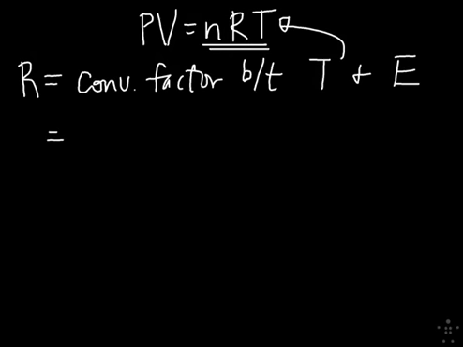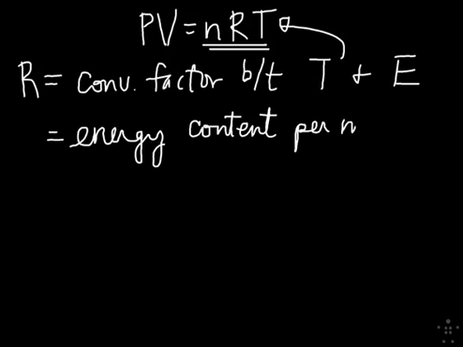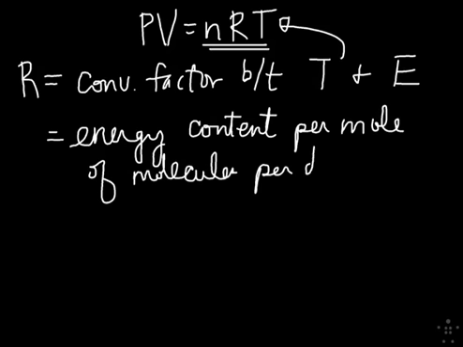What R is really telling us is the energy content per mole of molecules per degree temperature that they contain, or per degree temperature that we are measuring. So it can have units of joules per mole per Kelvin or liter atmospheres per mole Kelvin.